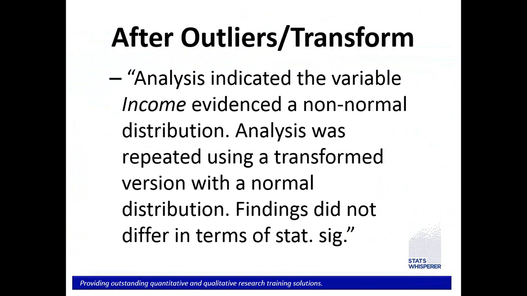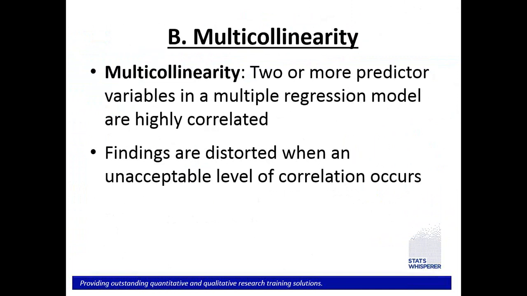You can put it like this: Analysis indicated the variable income evidenced a non-normal distribution. Analysis was repeated using a transformed version with a normal distribution. Findings did not differ in terms of statistical significance. Right? And just put that in the methods, and everything is up to snuff. All right.